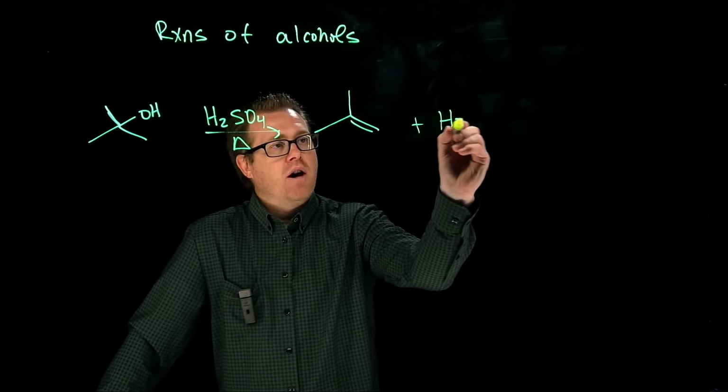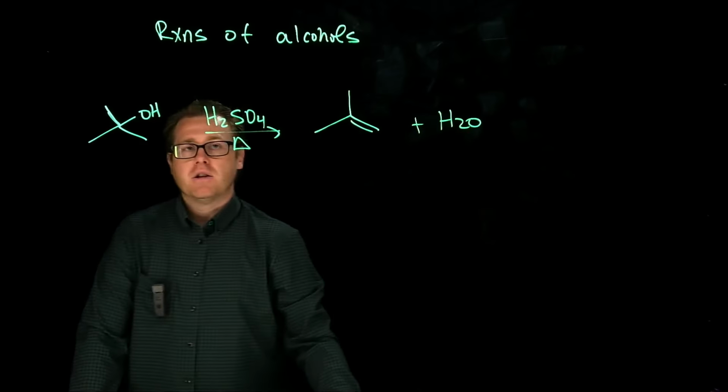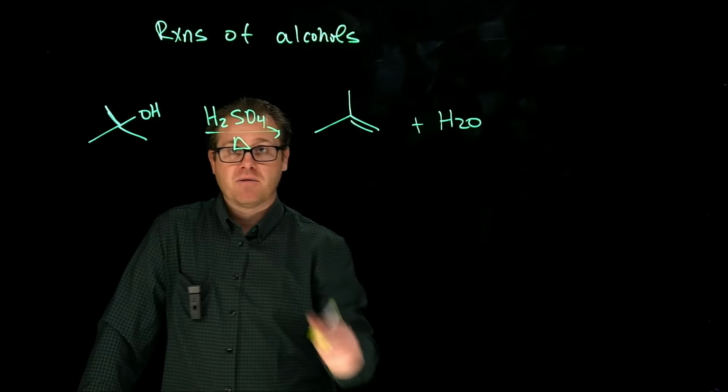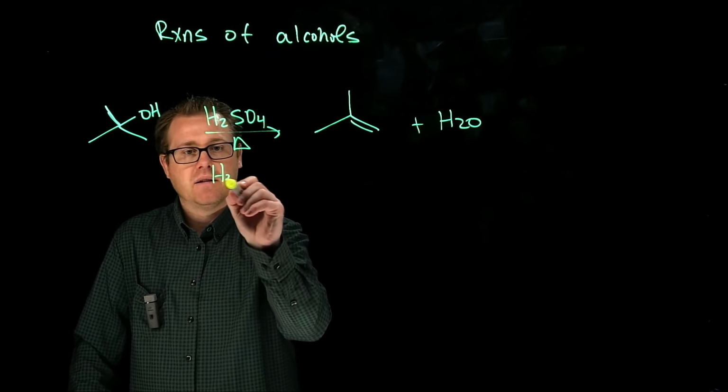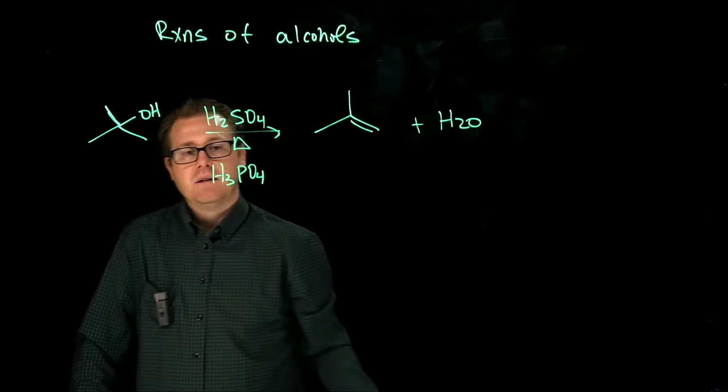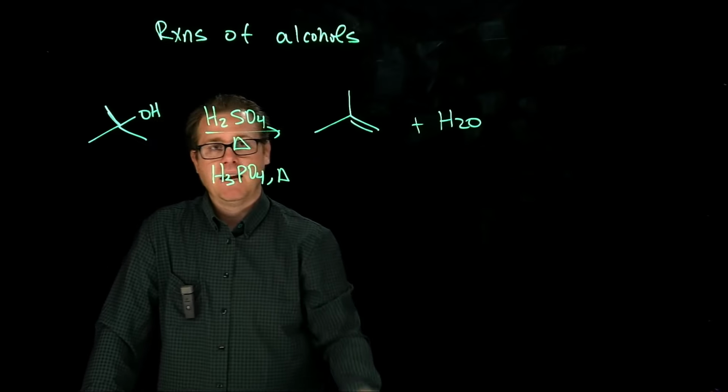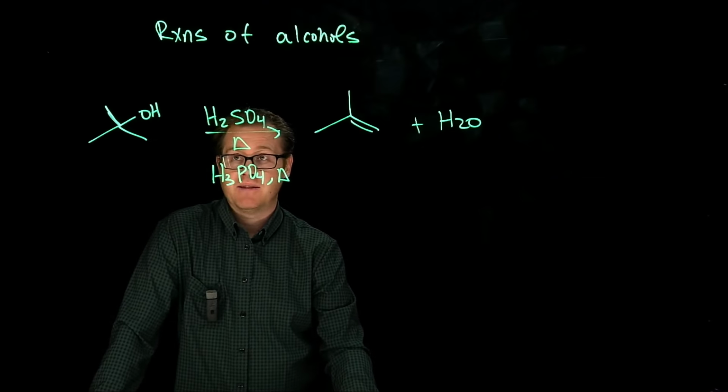And there's going to be some water left over. You can also do this same transformation with phosphoric acid. If you add phosphoric acid and some heat, this transformation would be the same.